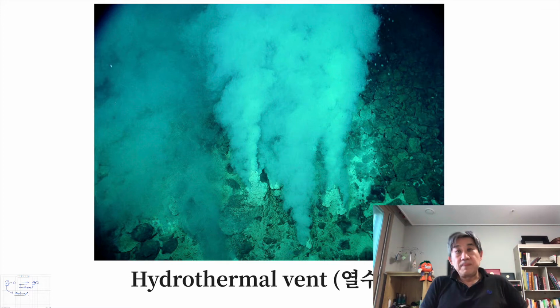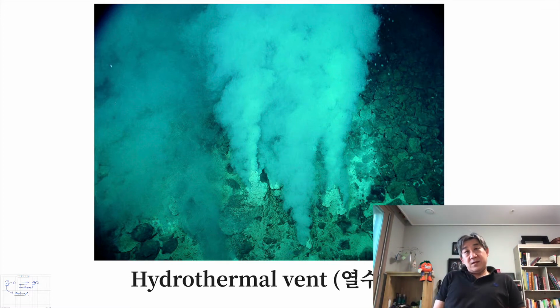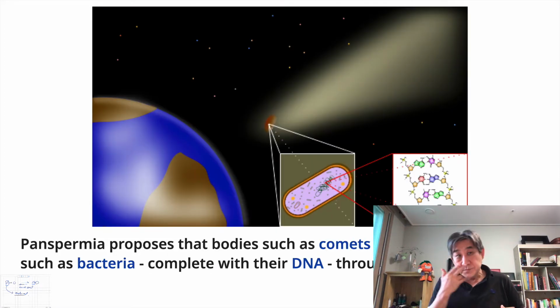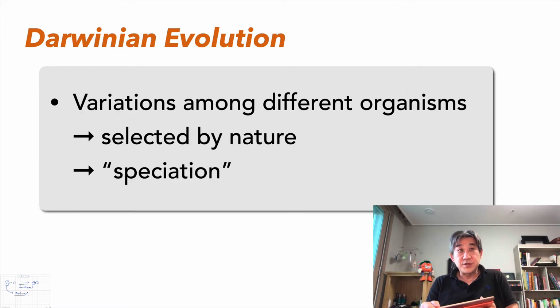So this is a photograph of such a deep sea vent existing even today. We call this a hydrothermal vent. So once you have established this, then starting from that, all those descendants were made through the biogenesis procedure.